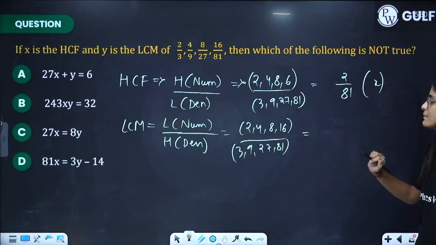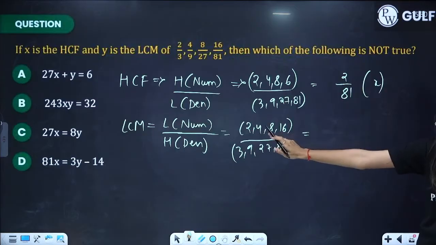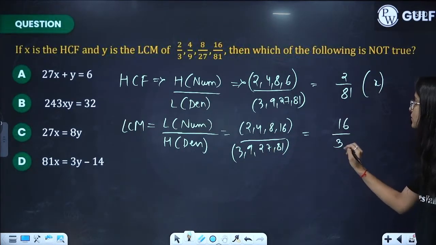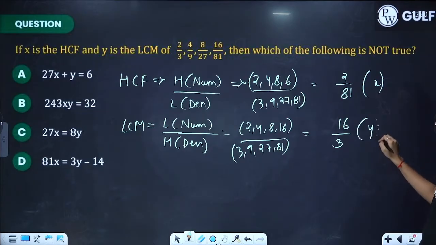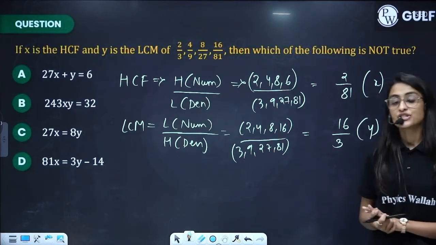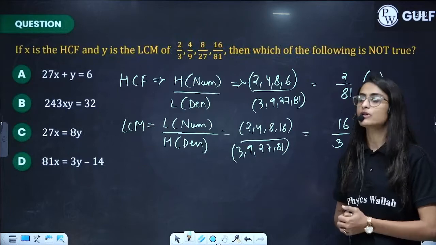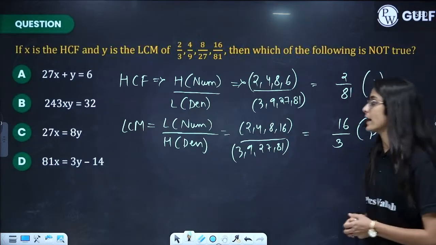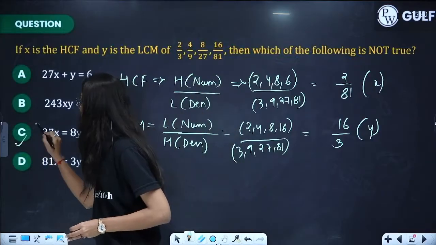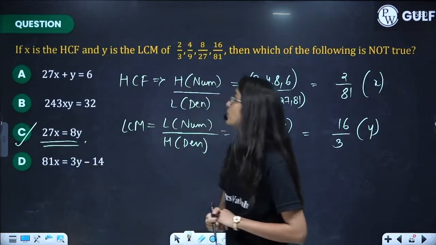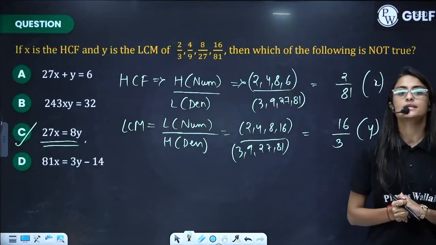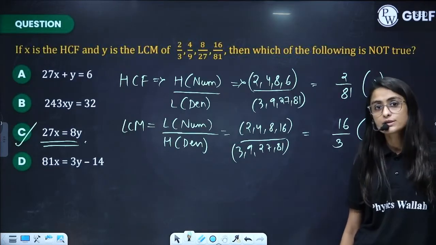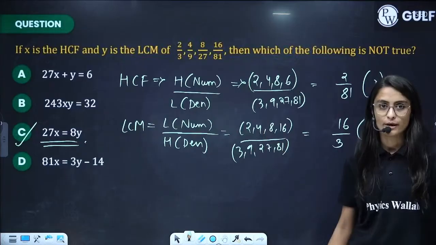So the lowest common multiple will be 16 and HCF is equal to 3. This will be the value of Y. Now, check with the options. Just substitute the values of X and Y. By substitution of values of X and Y, you will observe that it is not satisfying option C. Okay, it is not true for option C, which is 27X is equal to 8Y. I hope you understood this particular formula.